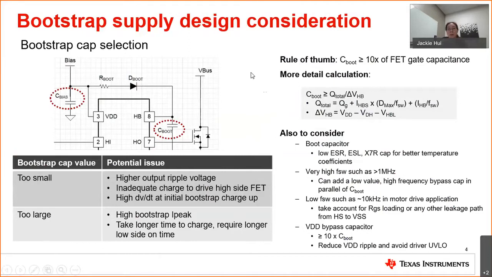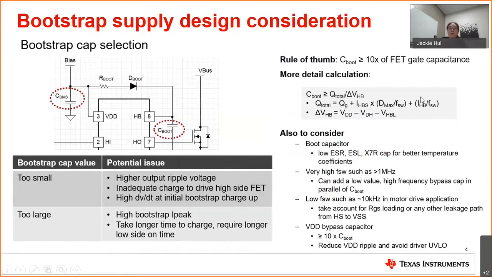Well, our rule of thumb is to select a boot cap value that is at least 10 times the MOSFET gate capacitance. There are more precise or more detailed calculations that we show on the screen in here. These equations basically take into account the duty cycle of the application.